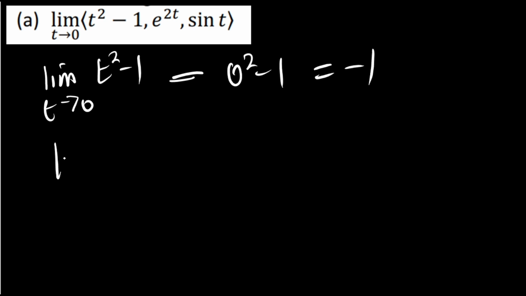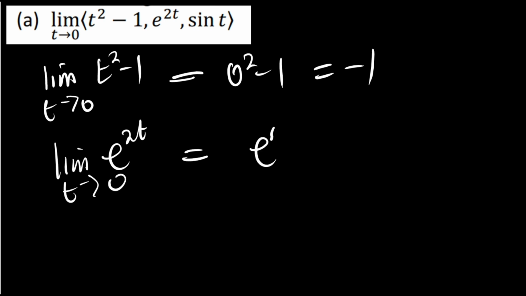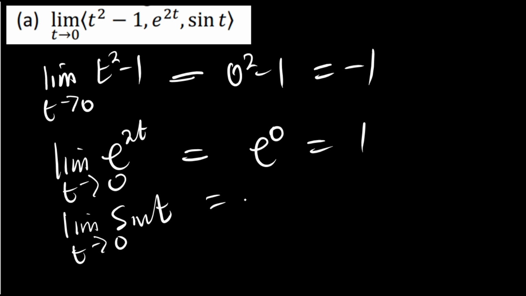Then lim e exponent 2t as t approaches 0 becomes e exponent 0, which is 1. And the last one, lim sin t as t approaches 0 is sin 0, which is 0. So the limits exist. Hence the limit of the vector function will be negative 1, 1, then 0.